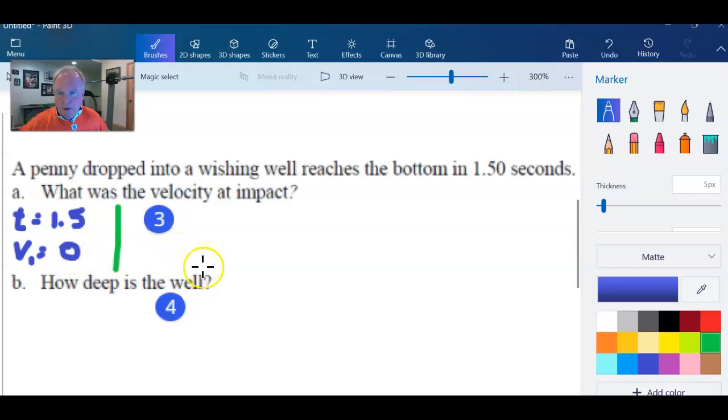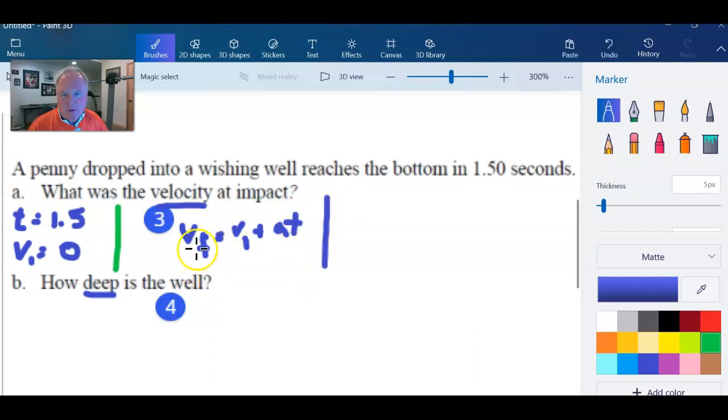All right, so remember, if they ask us for velocity, like they have here, then we have to use the velocity equation for free fall. If they ask us for the distance, then we'll use the distance equation. So not a lot of secrecy in the way that we can test this. So we write down the velocity equation for free fall, which is VF equals VI plus AT. Okay. And then we're ready to go, right?